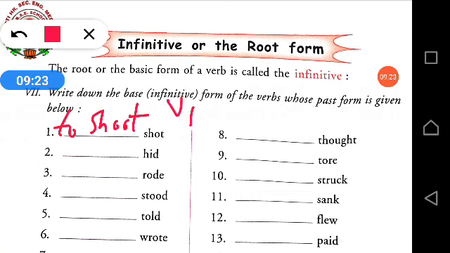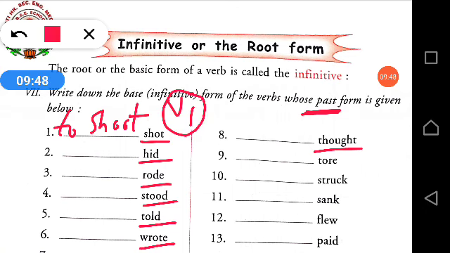Whenever we are changing, the past tense of the verb is given over here: shot, hid, rode, stood, told, wrote, thought. All these are your past tense. So when we are writing this in the base form, in the infinitive form, after to, what do we have to write? We have to write the first form of the verb.